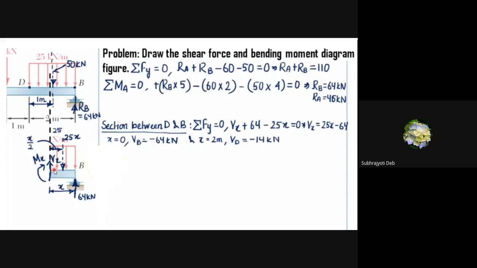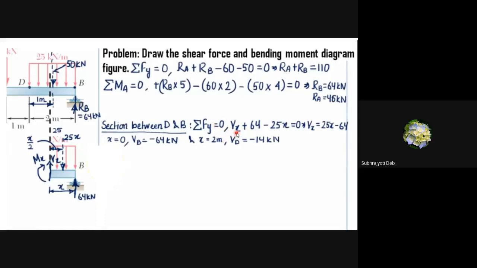If you remember, this is the direction of shear force, Vx. Shear force is always V, and this is the corresponding moment. This distance, let us assume, is x, since we don't know what this distance is. Summation of force is equal to 0.